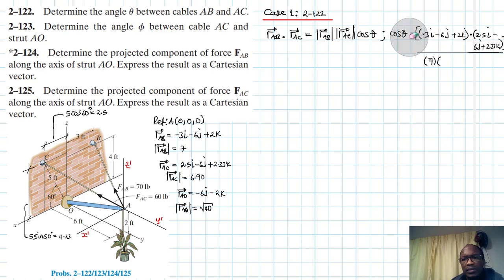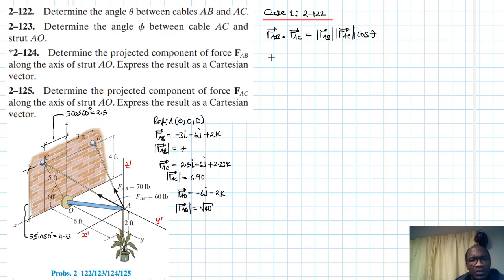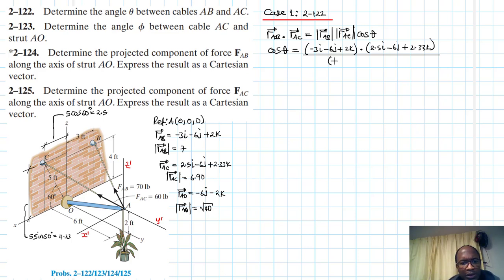So let me start here. Cos theta is going to be equal to minus 3i minus 6j plus 2k dot 2.5i minus 6j plus 2.33k, and then this divided by, let me use a straight line, this divided by the magnitude of 7 times 6.90.